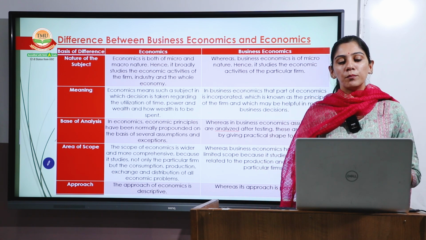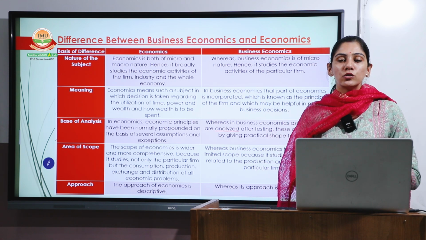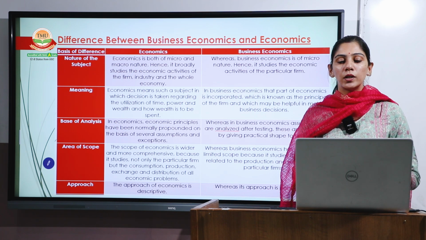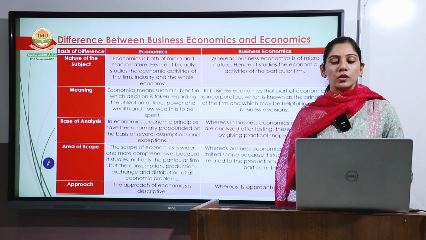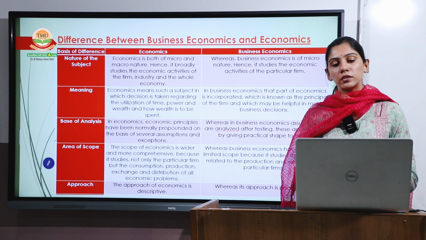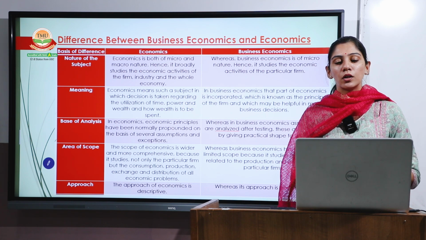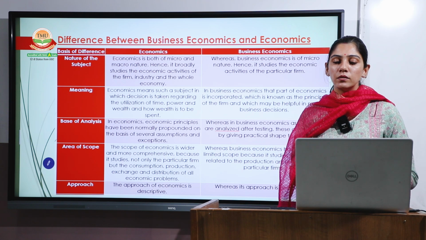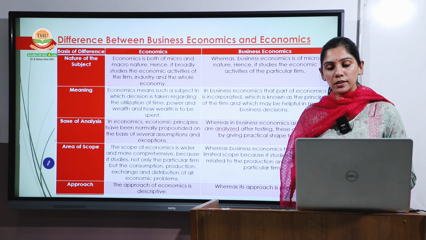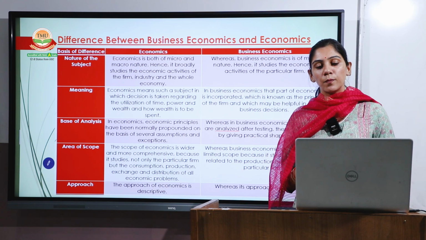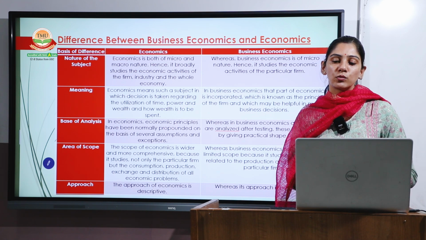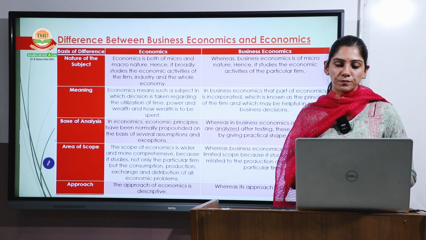Next point is basis of analysis. In economics, economic principles are normally used to solve various problems. In business economics, assumptions are analyzed after testing these assumptions by giving practical shape to the firm.